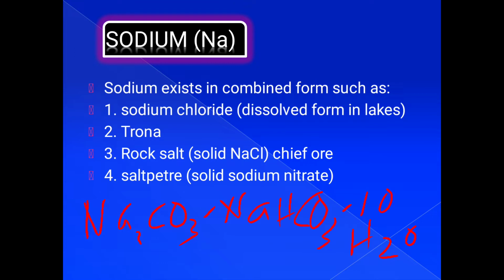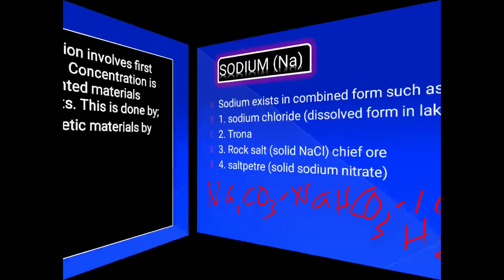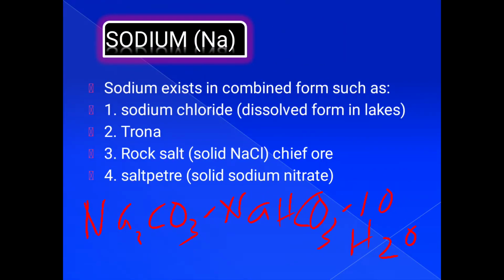Basically, this is a double salt containing more than 2 ions, in this case more than 2 anions, whereby we have carbonate and also hydrogen carbonate, and that constitutes what we are calling trona. Like you can see from the formula, trona has sodium. Now this sodium can be extracted, and we can commonly agree that trona contains a lot of sodium.